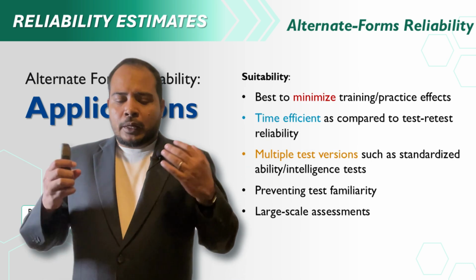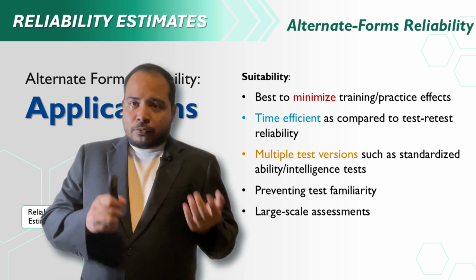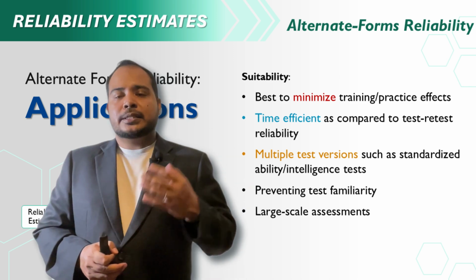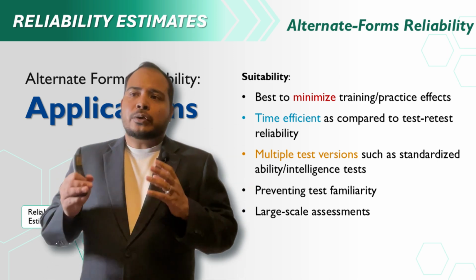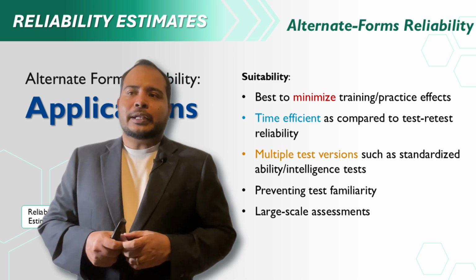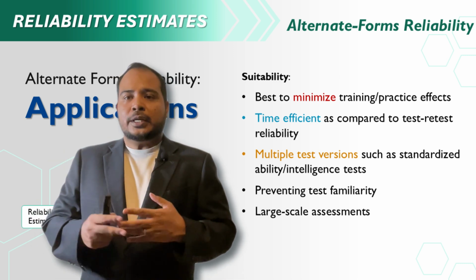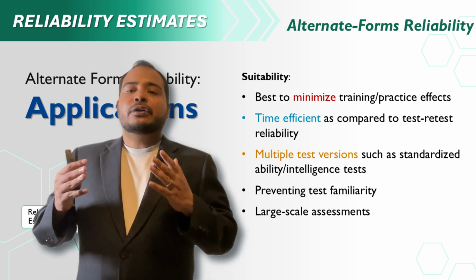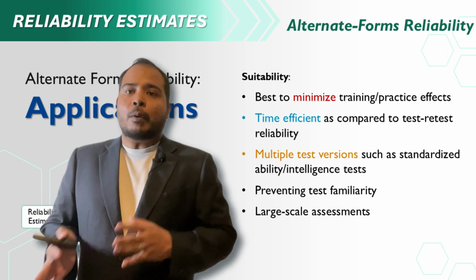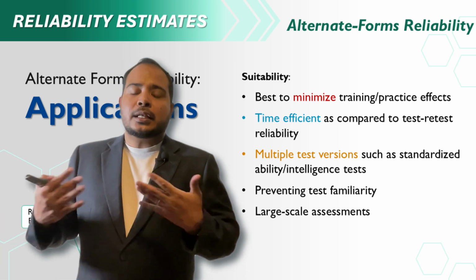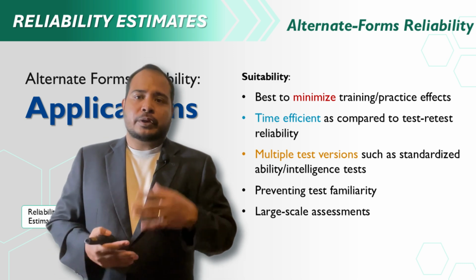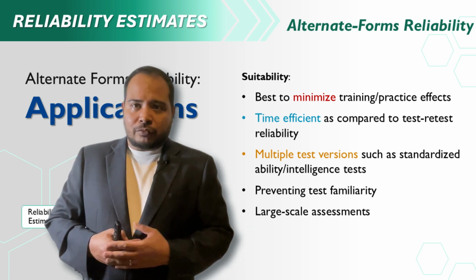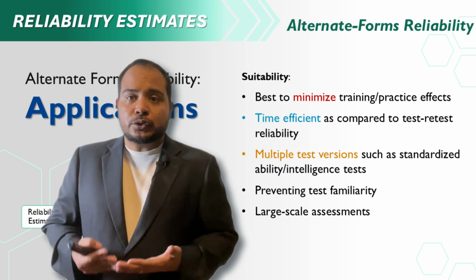Alternate form reliability, of course, has advantages and disadvantages compared to internal consistency and test-retest reliability. In order to use alternate form reliability, we have to administer two forms. Sometimes developing alternate or parallel forms requires a lot of effort and resources, whether it's time-consuming or requires a lot of financial resources, and most test developers are unable to do that.